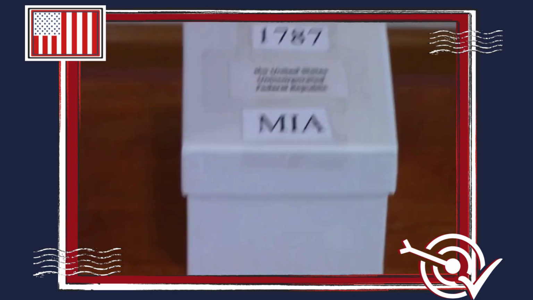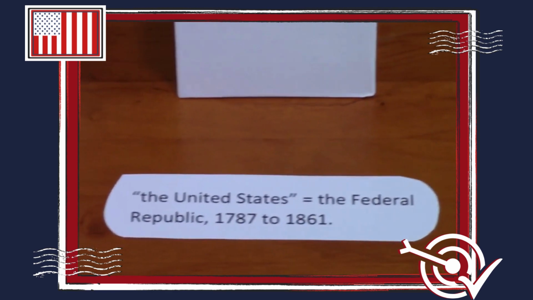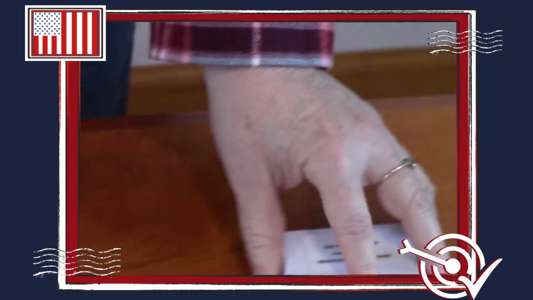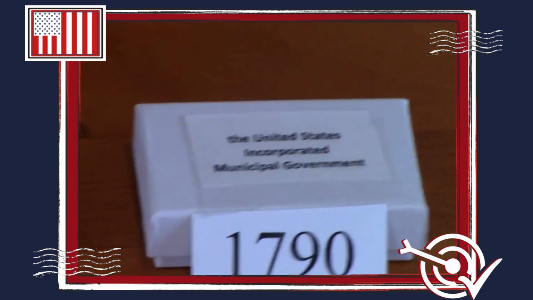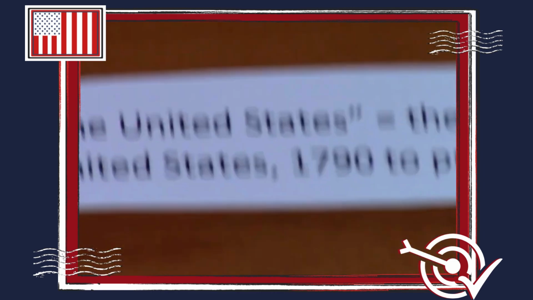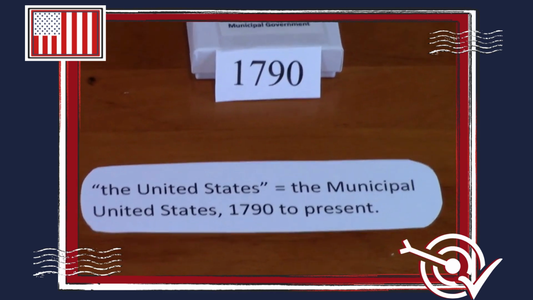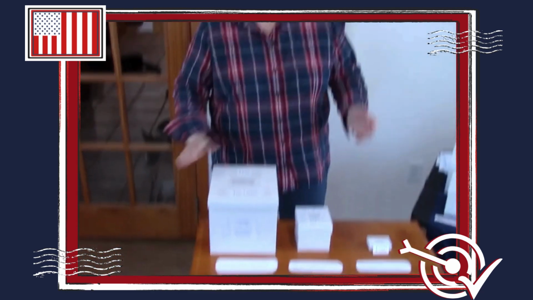And last but not least, we had the municipal government, all calling themselves just the United States. Can you see a confusion here? Well, thank goodness they finally renamed the Union the United States. At least we got the benefit of a capital T on the to help us out a little bit.